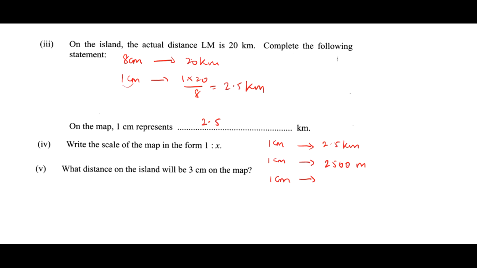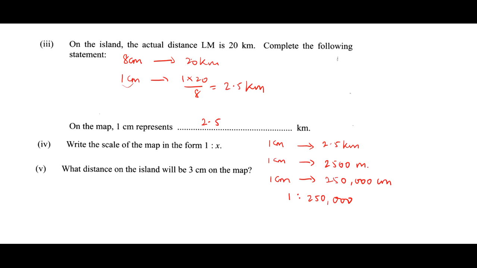Now to convert meters into cm, we take the 2500 meters and we multiply by 100. So if we multiply this by 100, we end up with 250,000 cm. So therefore the scale is really 1 to 250,000.